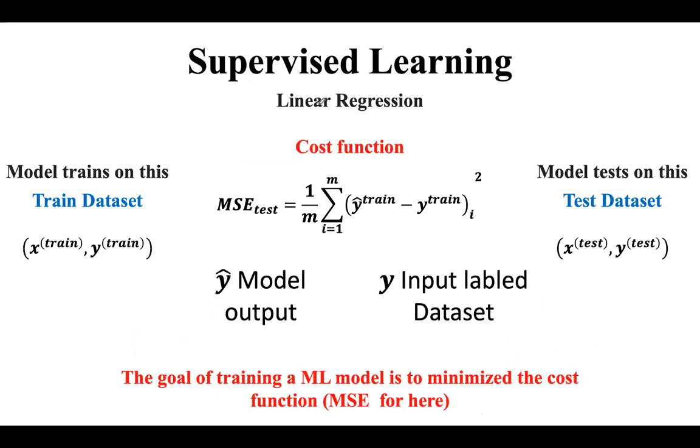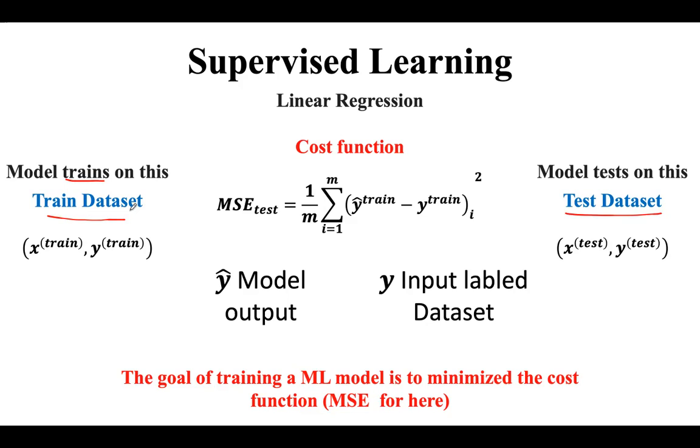So here it is. Just as a quick review, in training a model we have two sets of data. One of them is called the train data set, and the other is called the test data set. The train data set is used for training the model.